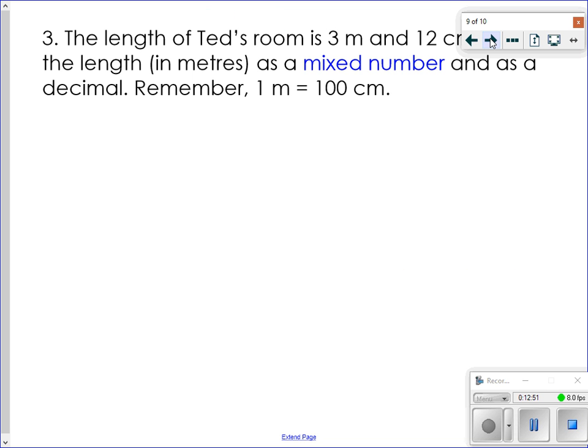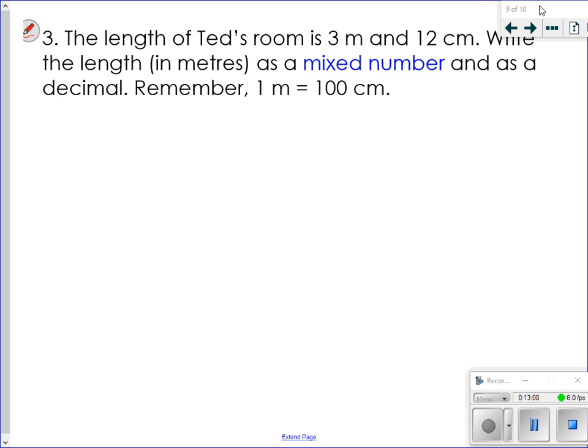Okay, and the last one, the length of Ted's room is 3 meters and 12 centimeters. Write the length in meters as a mixed number and as a decimal. Remembering that 1 meter is 100 centimeters.